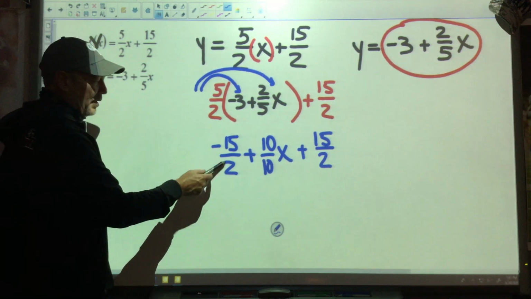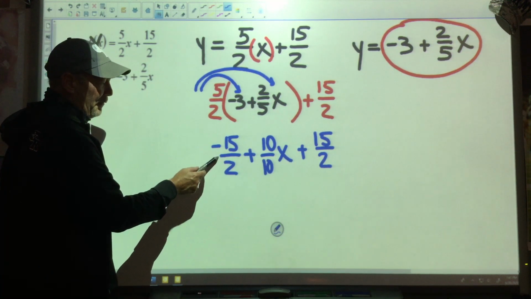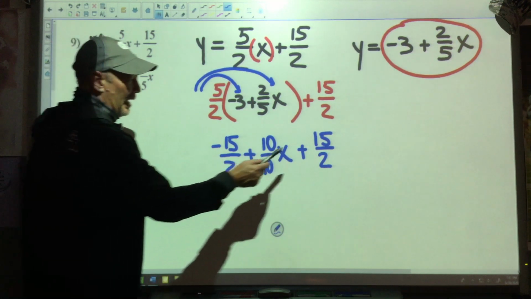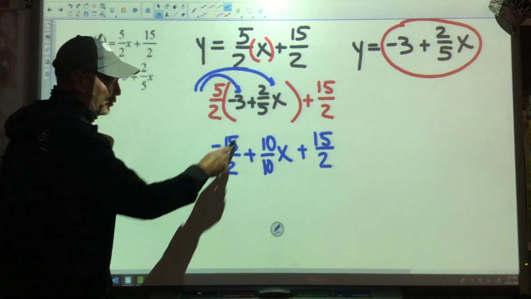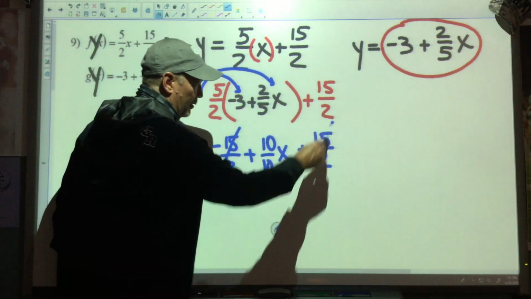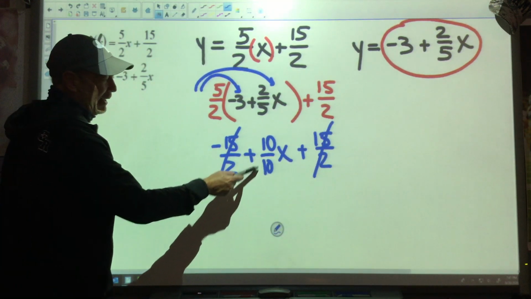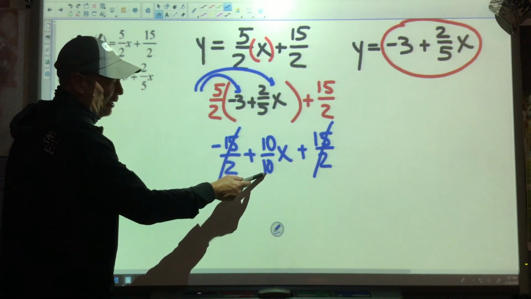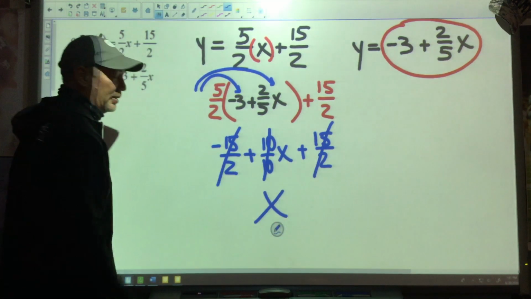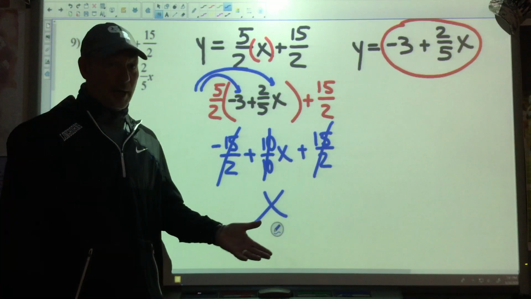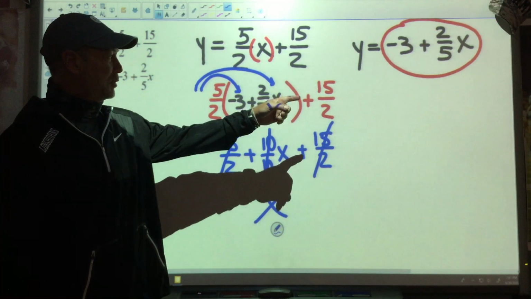Look at your numbers. I have a negative 15 over 2. I have a positive 15 over 2. Those are going to cancel each other out. What am I left with? 10 over 10. This also cancels, and I'm left with an x. That's a good sign, right? Let's see if it keeps going that way.